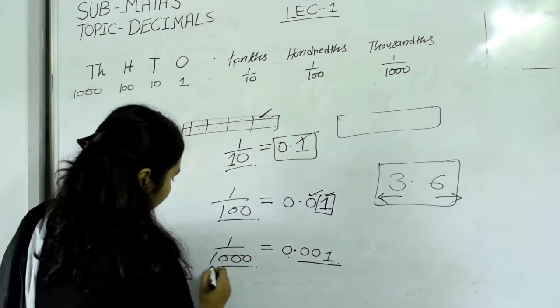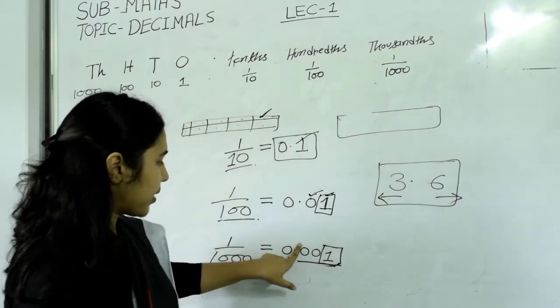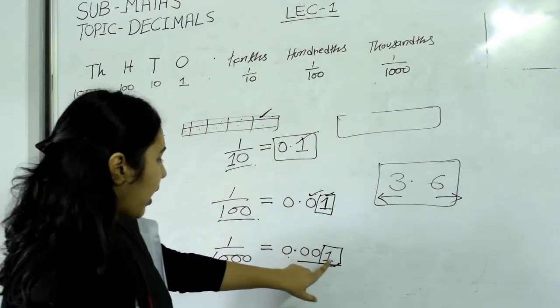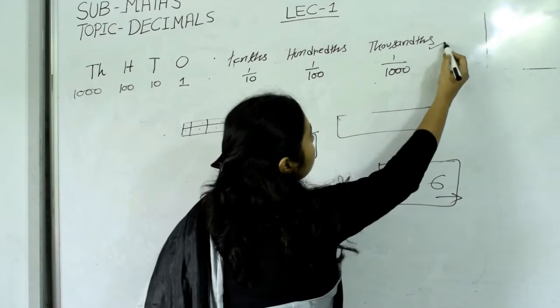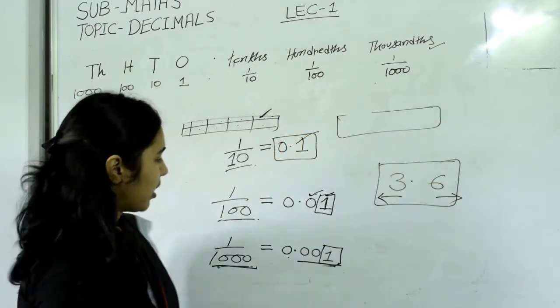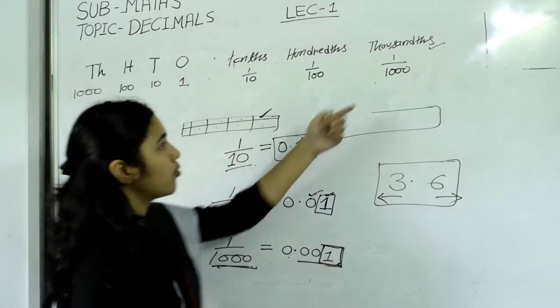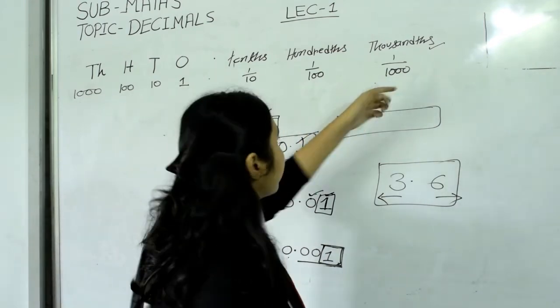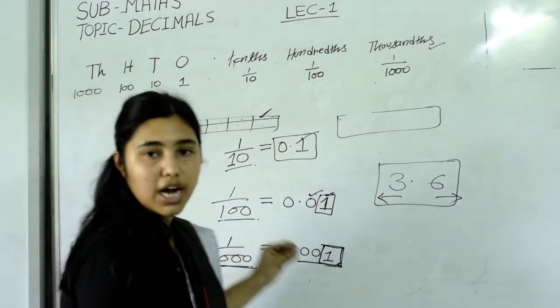And here, this is the tenths place, hundredths place, and the last one, the thousandths place. Here, the place value of 1 is 1 by 1000.